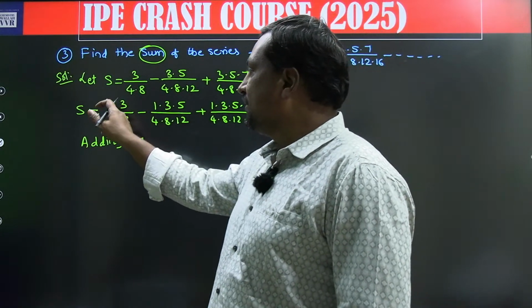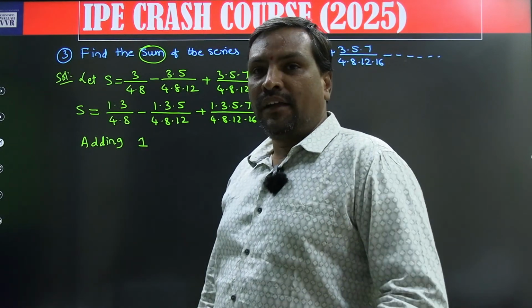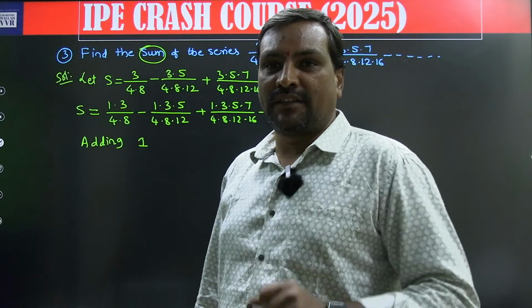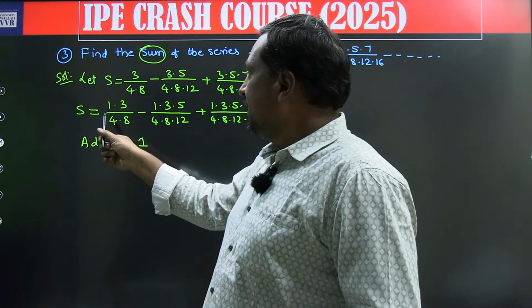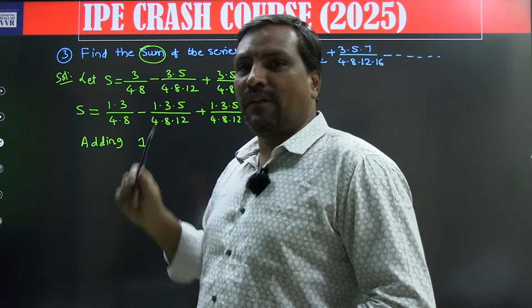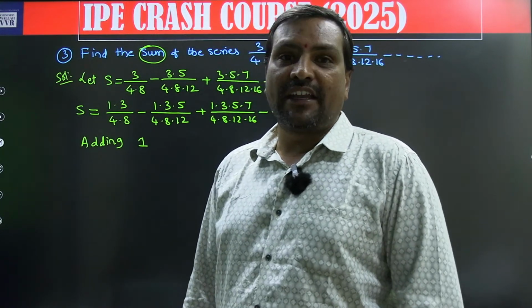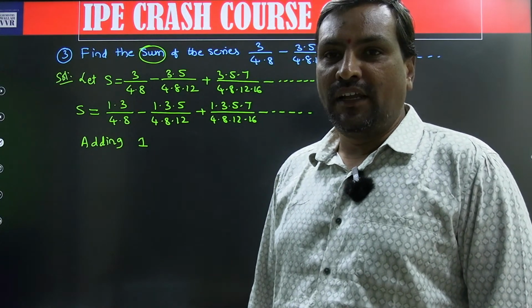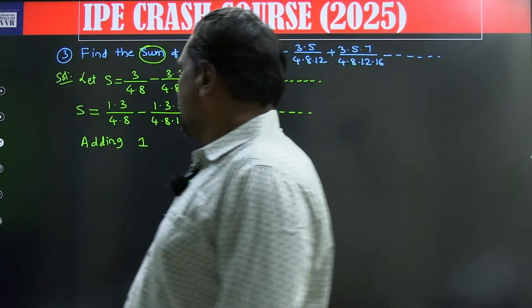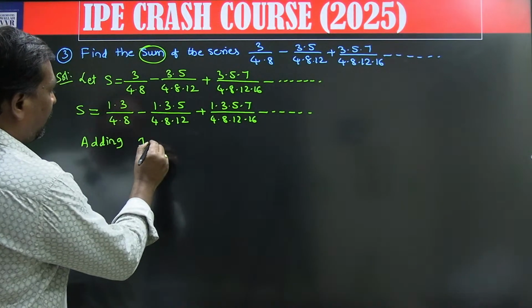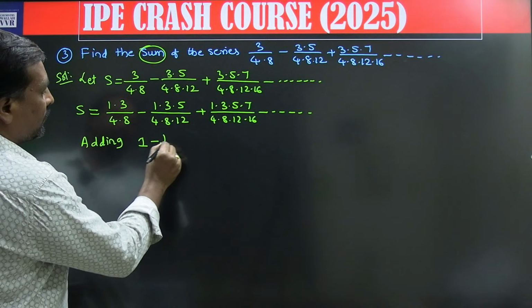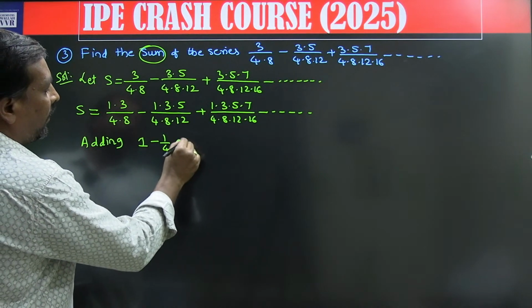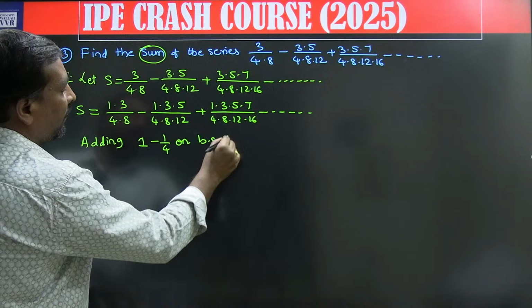First term means 1 by 4. Since the first term here is already positive, the term before it will compulsorily be negative. So adding the first term 1 by 4 on both sides of S.